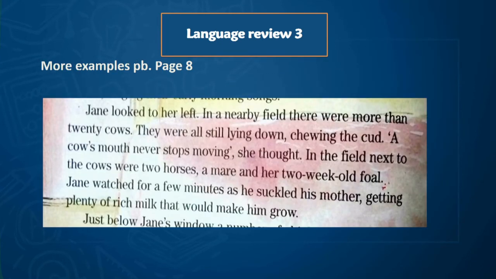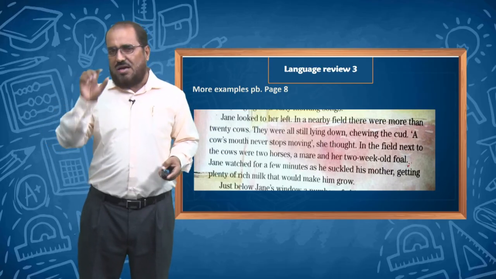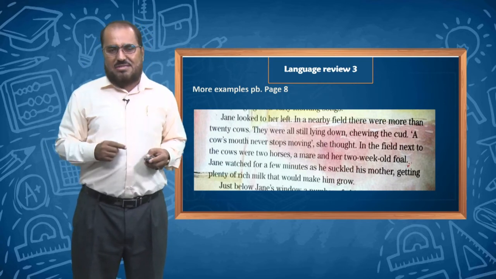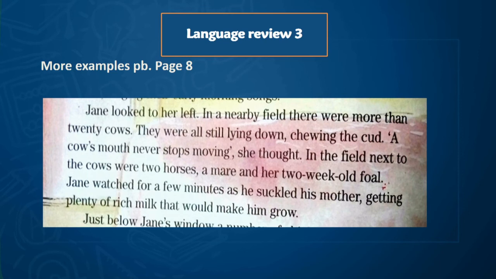More examples. Also, this is in your book, page 8. Do you remember Jane when she opened the window and looked outside, then described the view? This is the title of the lesson, A View from a Window. Look at this, read it from the beginning to the end. Is there any quoted or reported speech? Look carefully. Jane looked to her left.